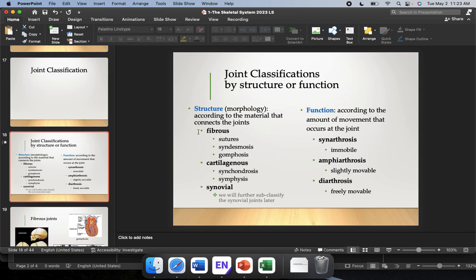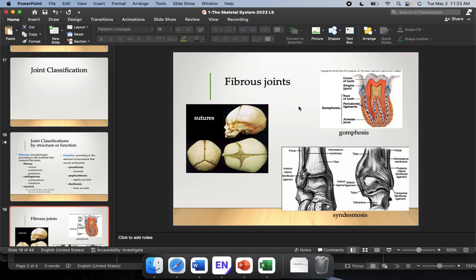So the first type of structural joint classification that I'm going to talk about is fibrous joints. There are three main types of fibrous joints. They are all structurally very, very similar. It's just about where in the body they are found. The first type of fibrous joint is a suture found in the skull. The second type is a gomphosis found at the teeth, connecting the teeth to the skull.